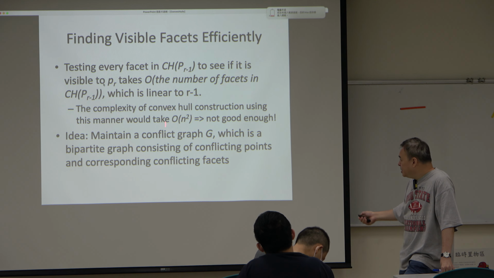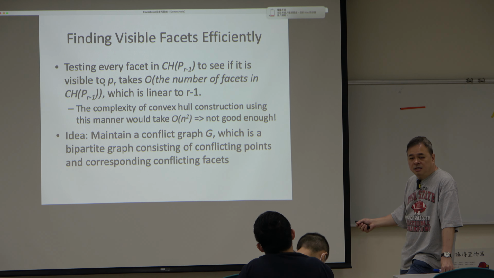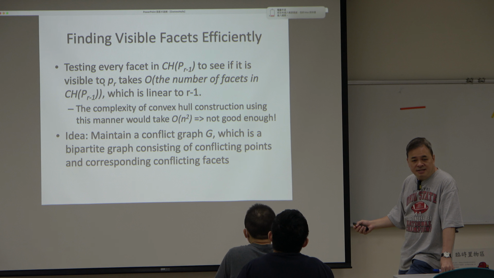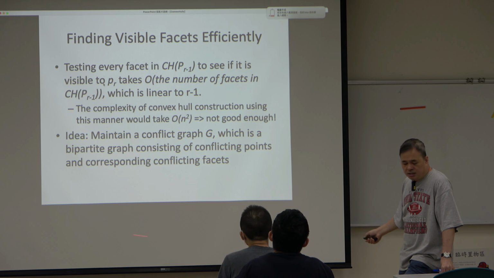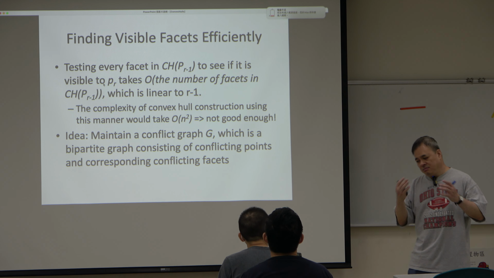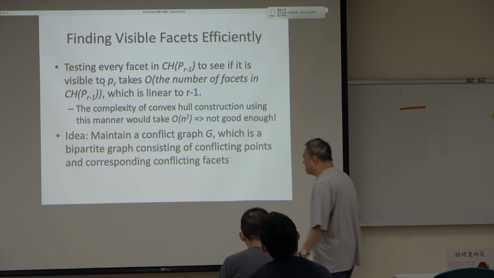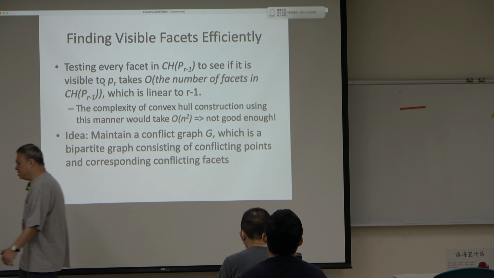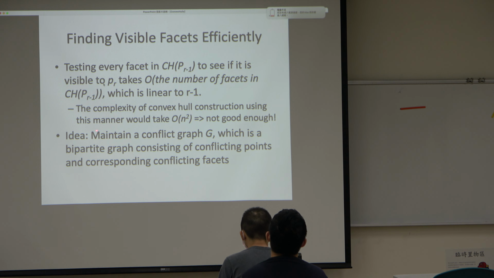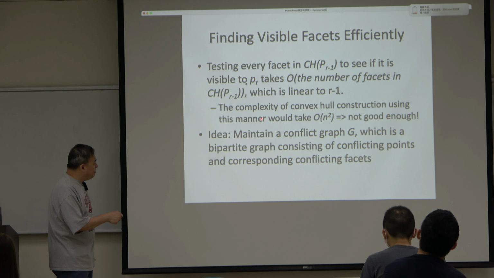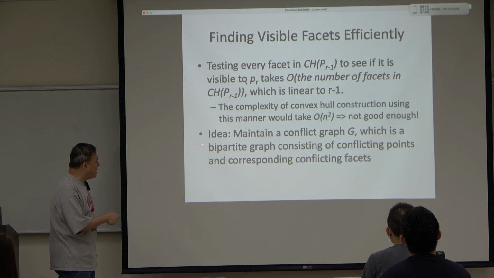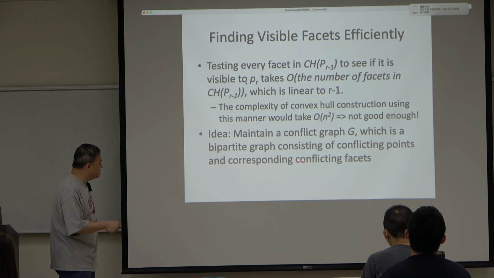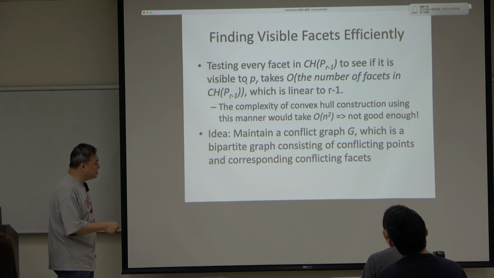You can check out the advanced section to learn how to do the analysis, but as I said, this complexity analysis is out of scope. So the idea is we can maintain a conflict graph G, which is a bipartite graph consisting of conflicting points and the corresponding conflicting faces.